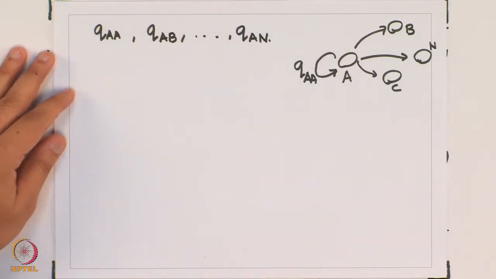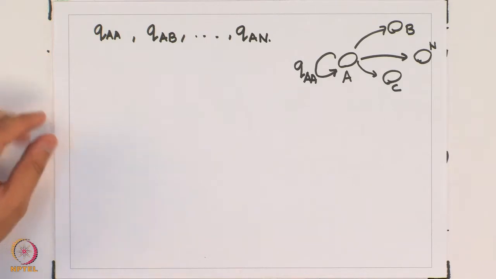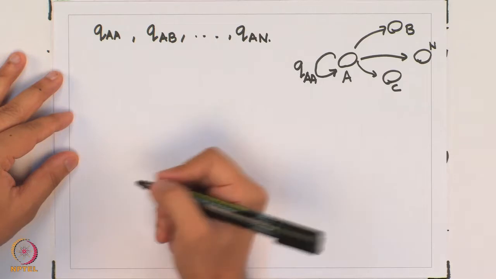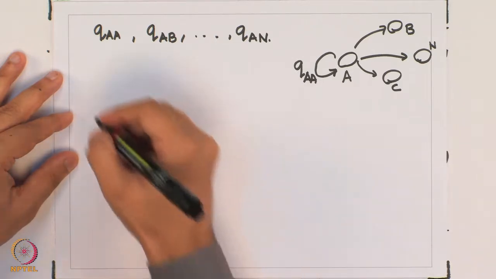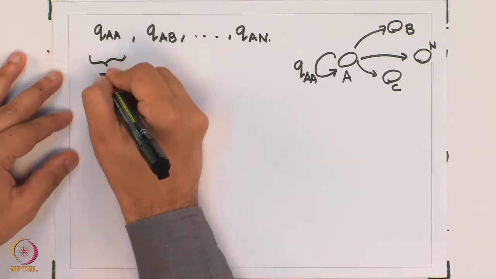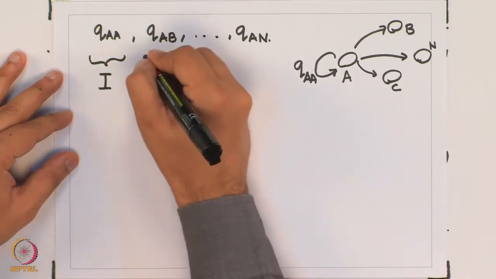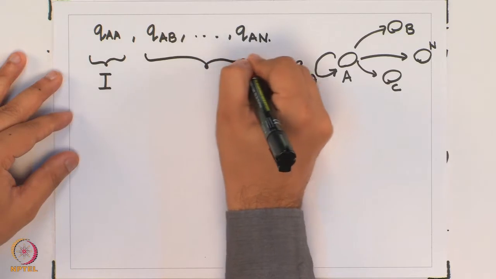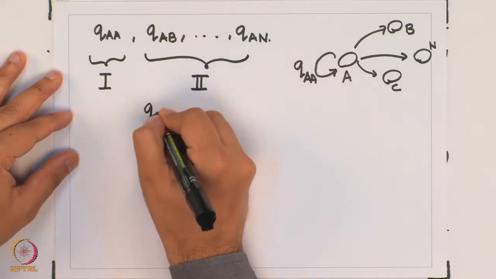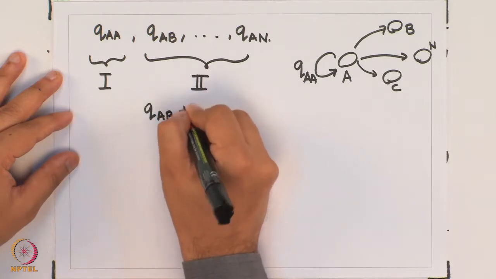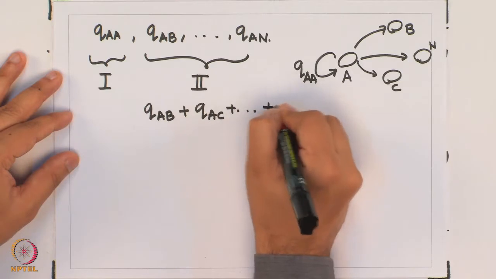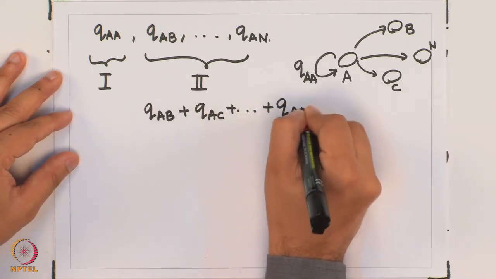Again, I suggest that you pause the video for a few seconds and just try and think about the relative magnitude of these two quantities. Quantity 1 is the variable QAA, and quantity 2 is the sum of QAB plus QAC going all the way up to QAN.